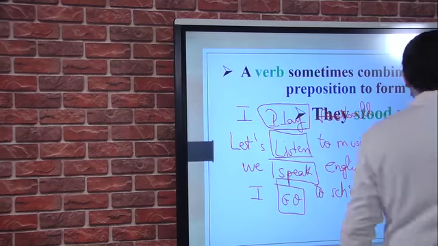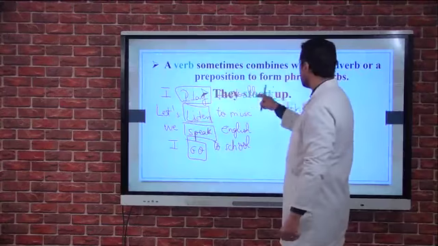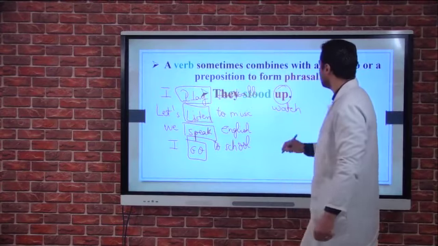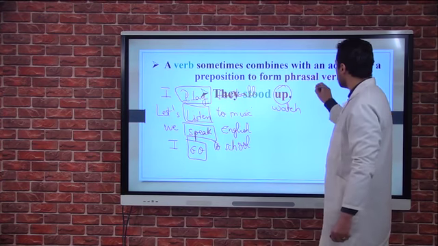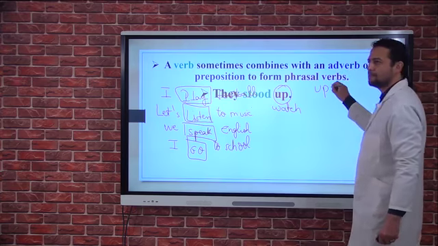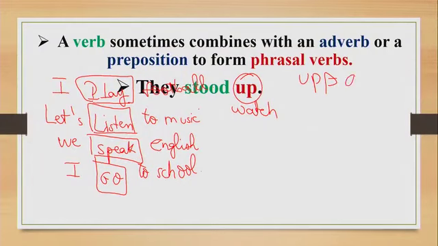On the other side, we have up here, which is considered a preposition. So tell me, what's the opposite of up? Yes, it's down. Give me another preposition: in. The opposite of it is out.